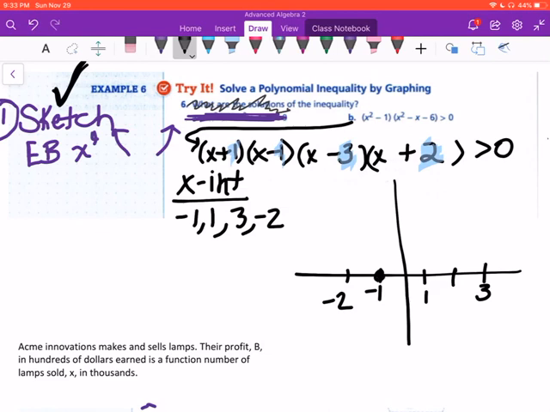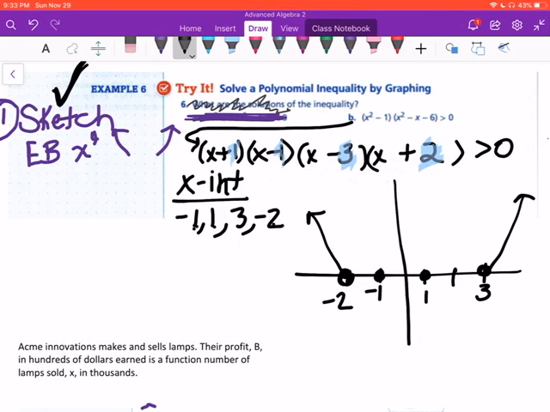X-intercept here, x-intercept there, x-intercept here, x-intercept there. Both ends point up. All the multiplicity looks odd because none of these x-intercepts repeat. So I'm going to cross, cross, cross, cross.